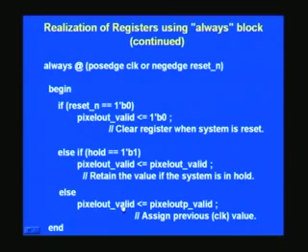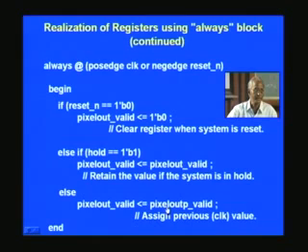The present value is assigned with the previous value, and note that this will be valid only at the following positive edge of the clock. So at the previous positive edge of the clock, this would have been set, and that gets reflected only in the next clock, that is here, right? And whatever was earlier, it keeps on just delaying the actual signal.